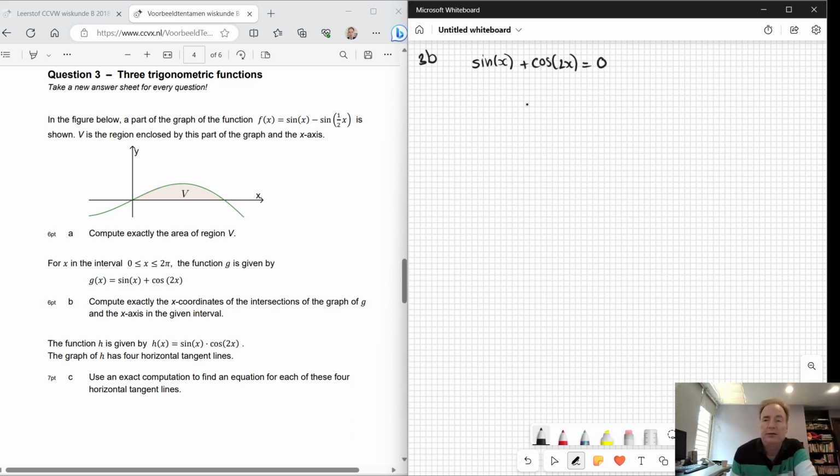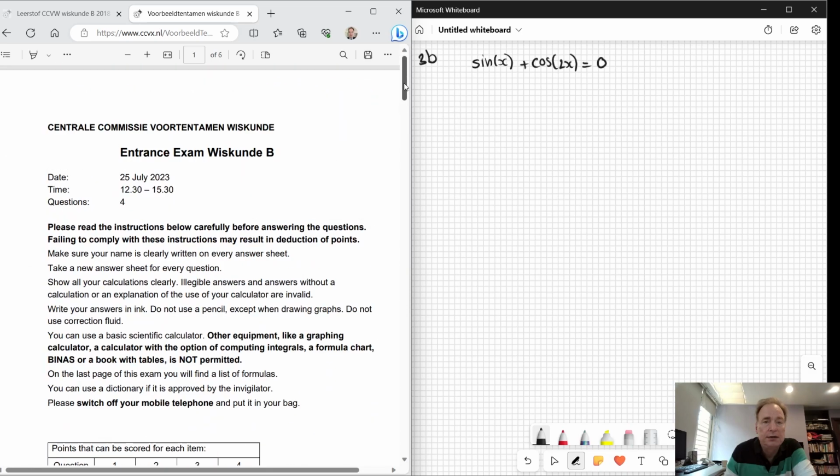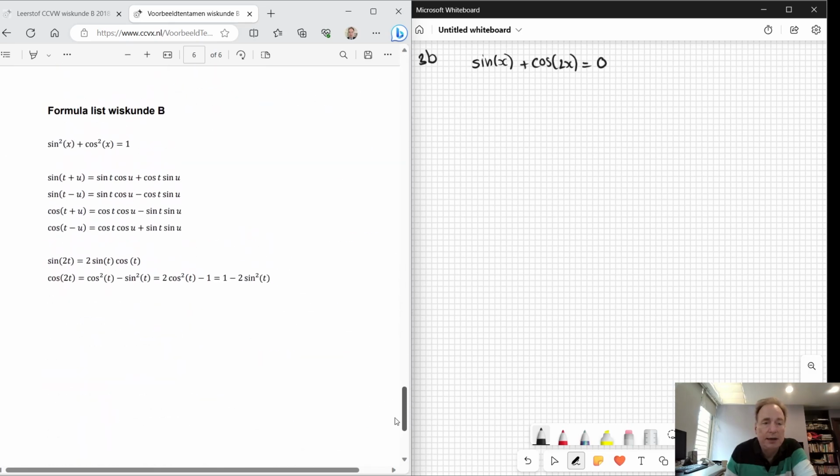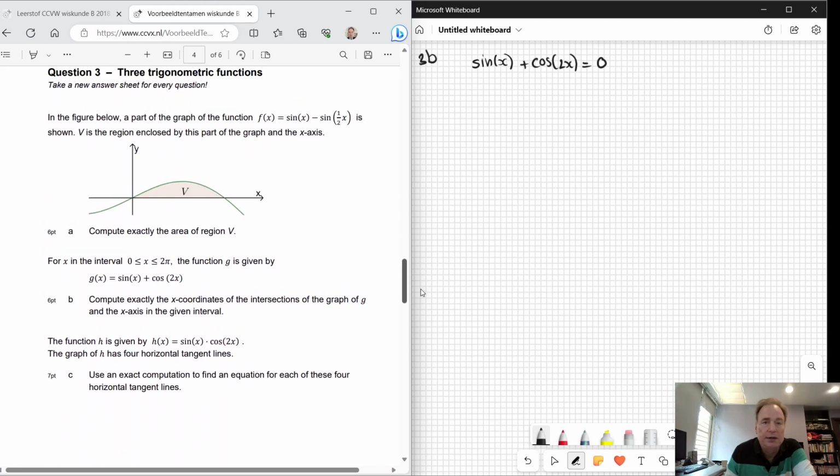So if you see something like this, just look at the formulas that are given, if all is well, or in the back. Here, cosine 2t is 1 minus 2 times sine squared t. Let's see if that goes somewhere.